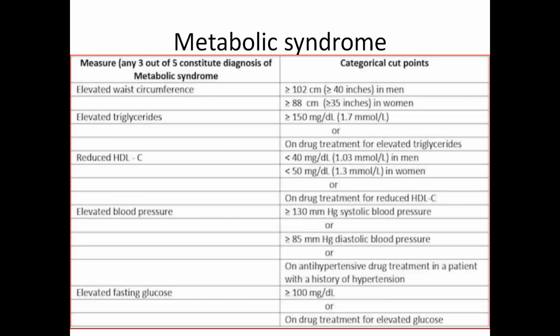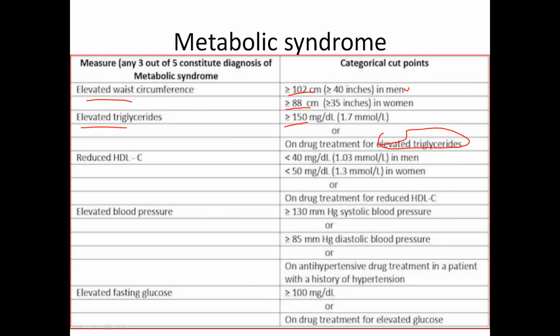So this is metabolic syndrome. Elevated waist circumference for men is greater than or equal to 102 centimeters. In our patient, it is 102 centimeters, and it is male. It is greater than or equal to 88 centimeters in women. The other parameter is elevated triglyceride level, greater than or equal to 150 milligram per deciliter, or on drug for elevated triglyceride level.